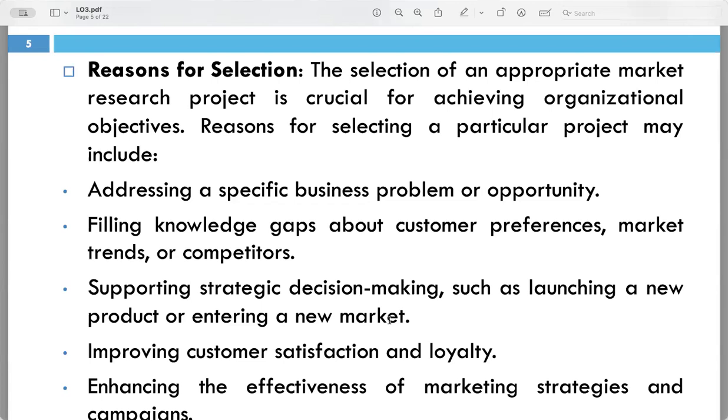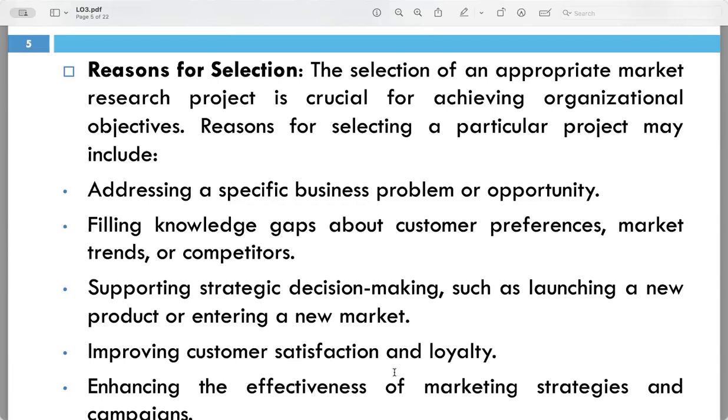Supporting strategic decision making, such as launching a new product or entering a new market, relies heavily on accurate and relevant data. Market research provides the necessary information to evaluate the potential success of new initiatives.